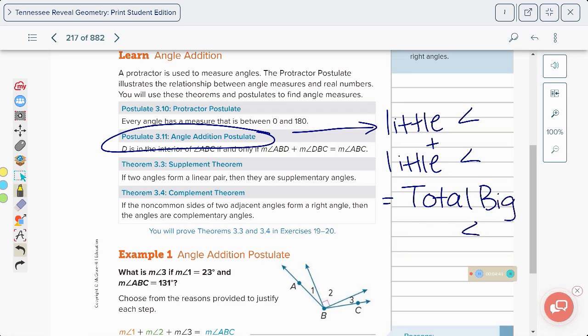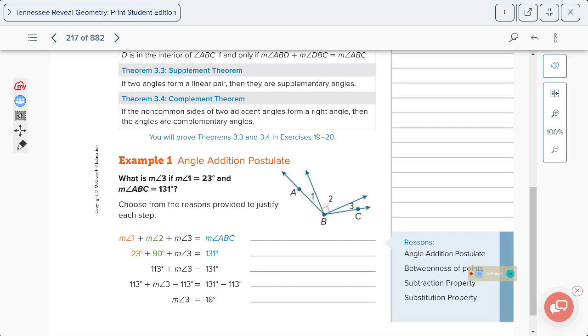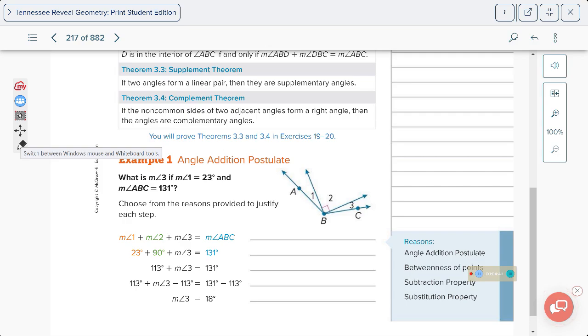Okay, so in simpler terms, that is the angle addition postulate. And that's kind of common sense, right? If I add two little pieces together, it's going to give me the total. But here we're going to prove why that might be true.